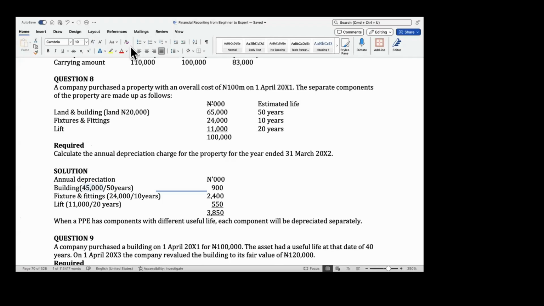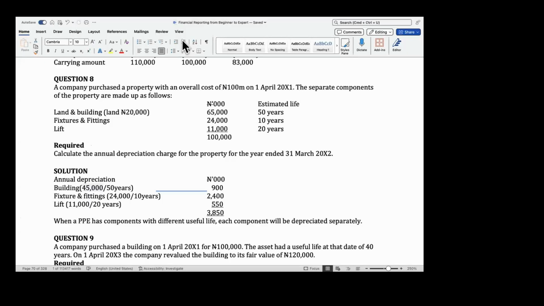Okay, I was hoping to hear somebody say that so that I will quickly tell you that don't say that again. Don't say that again. It's not right. The first person that said because it has an indefinite or unlimited useful life, that's the correct position.